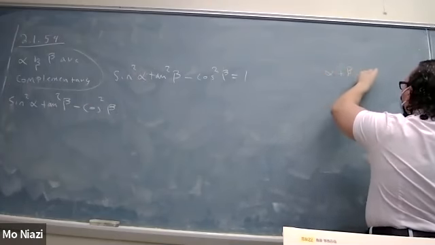But if I plug this in here, I get 1 minus sine squared alpha minus sine squared alpha. But this is equal to 1 minus 2 sine squared alpha. Still, it doesn't equal 1.